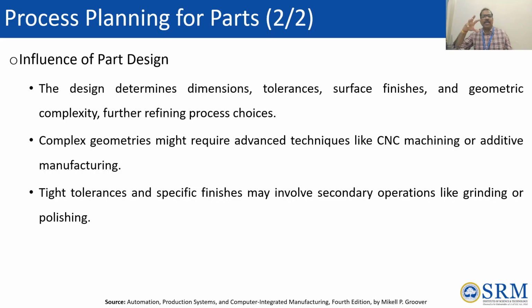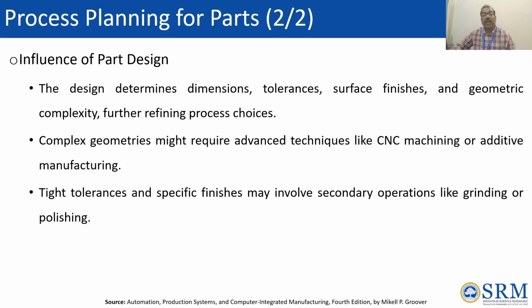That is the geometrical complexity, because we choose the manufacturing process depending on that. Part design, along with the materials, gives us a better idea about what process or manufacturing sequence we are going to follow.